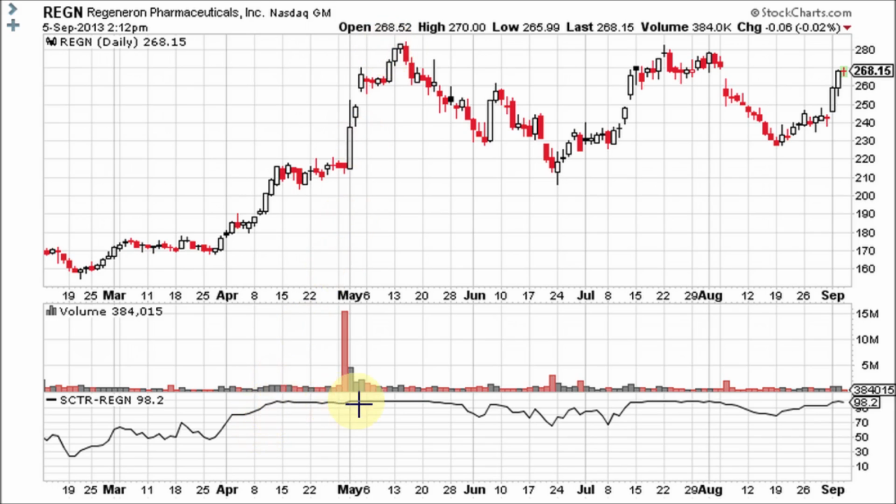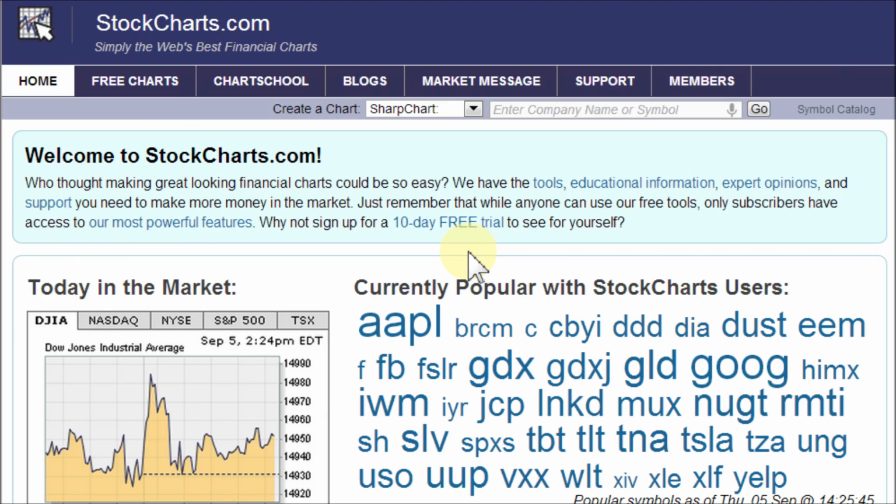Now from right here it was very strong. The dips are shallow, and right now it's where it should be on the top 10 list of the S&P 500 with a reading above 98.